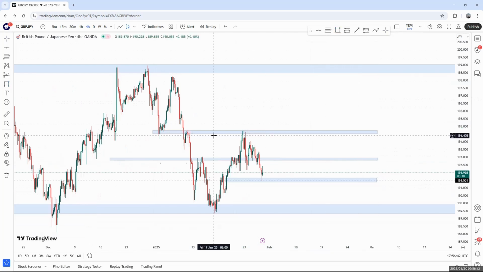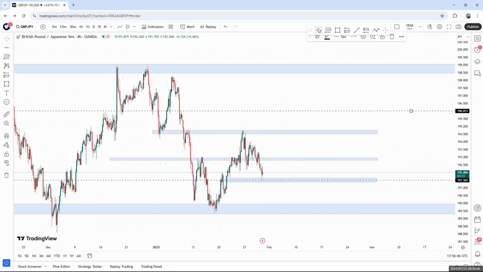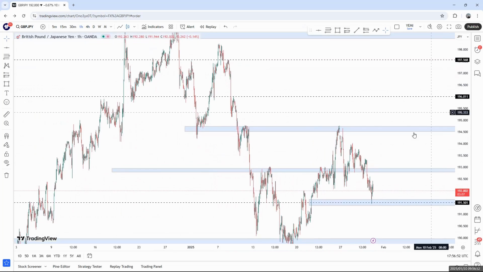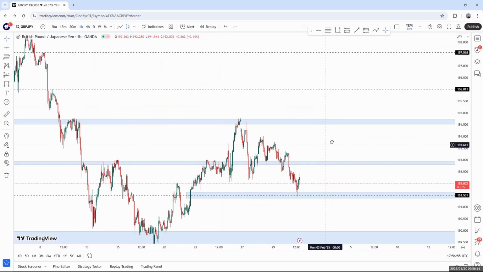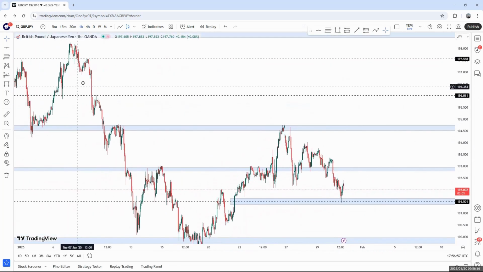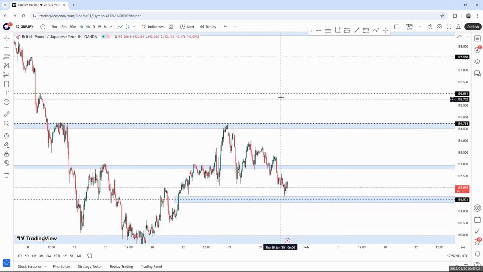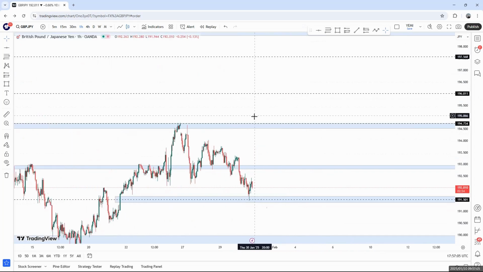In this case, you can see we have a level right here. In this case, we have this level, right? We have this level. So what you use the 1 hour for basically is just to go and double check that and see that it's aligned with what you can see, because it brings more details, right? So look at it, right? So that means if we ever find a buy, you can see the take profit level, TP1, TP2, TP3 level.